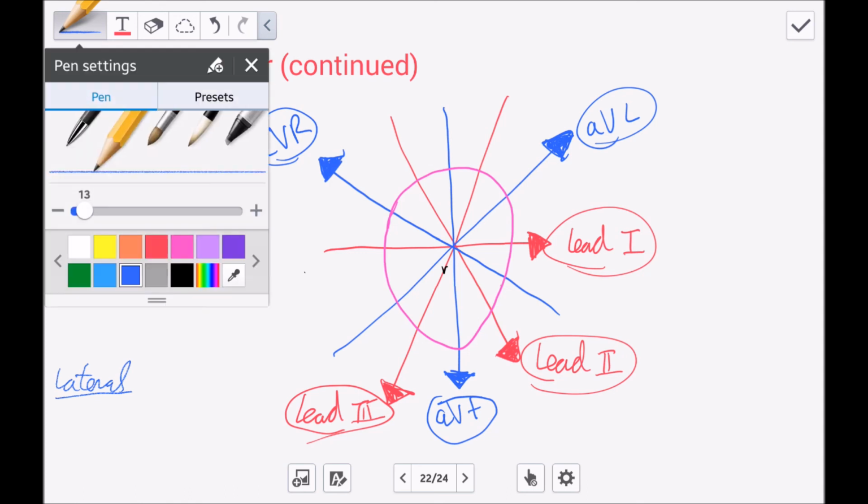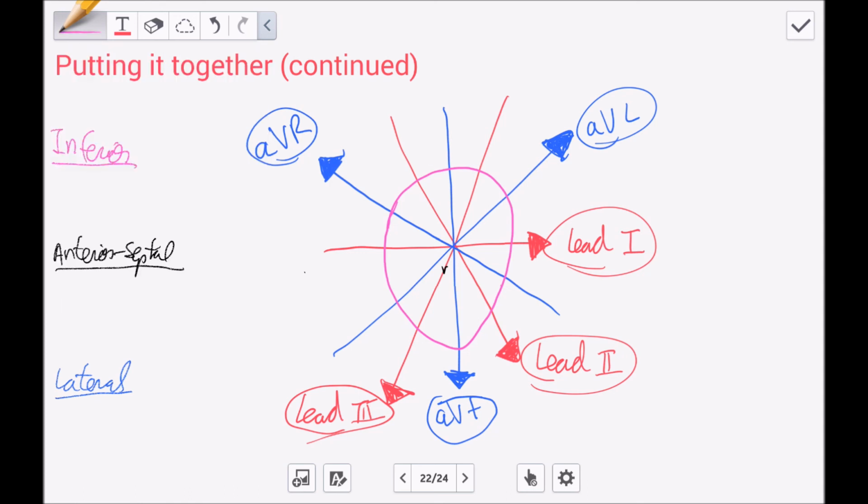Okay, so this is the part that everything comes together nicely. Inferior, which part of the heart that I drew here, the pink heart in the diagram, which leads look inferiorly? Well, this is superior, right? Because superior means top, inferior means bottom. Medial means towards the midline, and lateral means away from the midline, right? So we just put that out there so that we know where our planes of reference are.